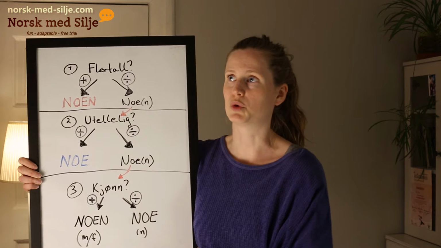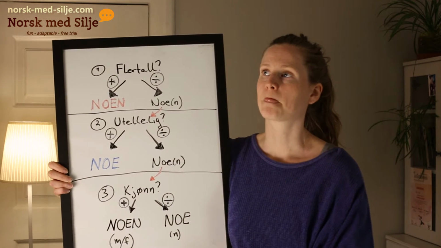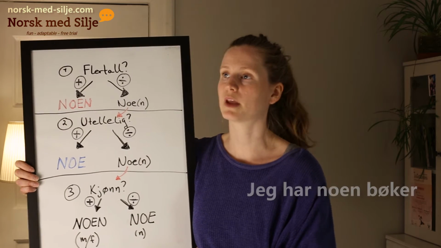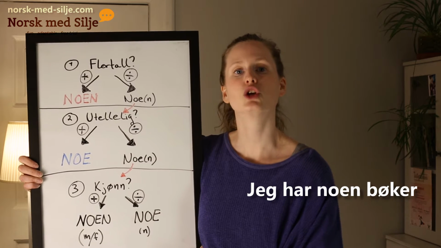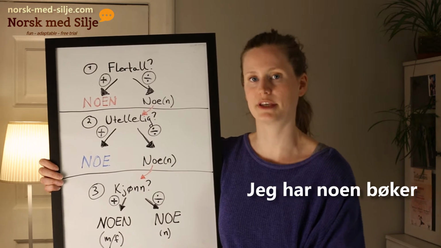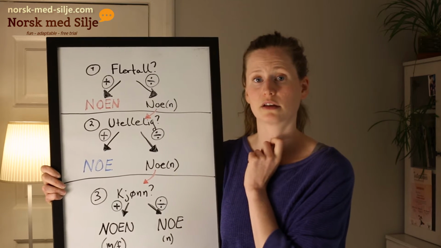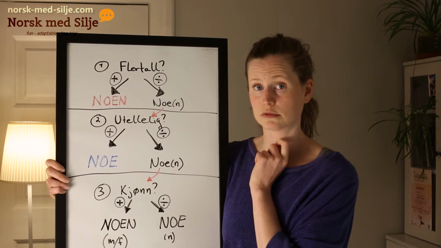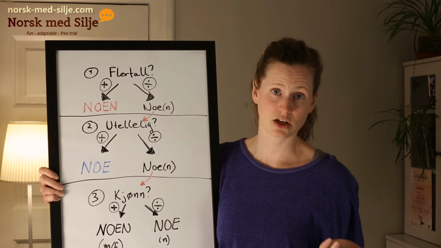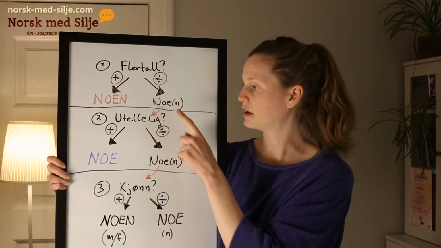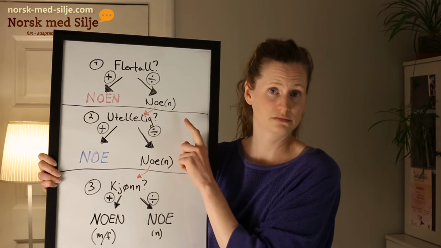Okay? So if I want to say, for instance, I have some books, I would say, jeg har noen bøker. Okay? If I'm not describing a plural noun, so if it's singular, then I should continue the row down here because it can be either noe or noen.